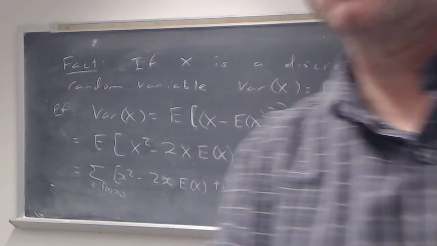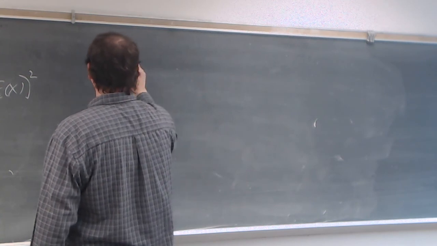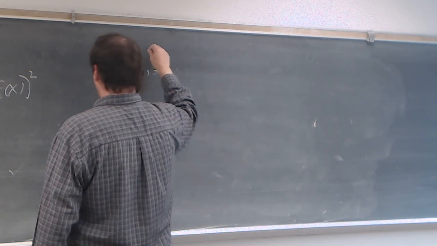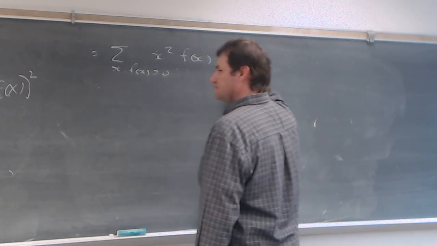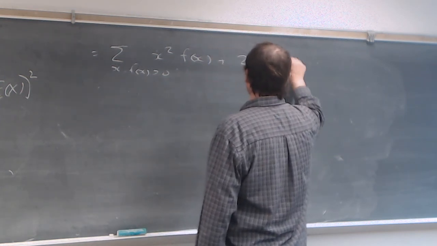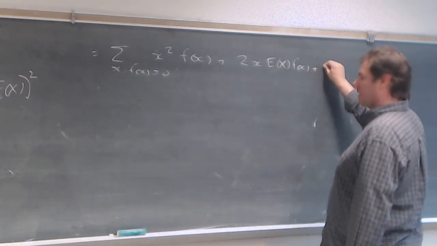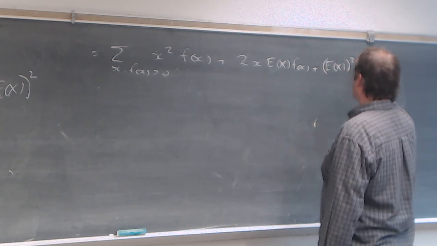Okay, that would be equal to a sum over all x values such that f of x is greater than 0 of x squared times f of x plus 2 times x times the expected value of x times f of x plus the expected value of x, quantity squared, times f of x.